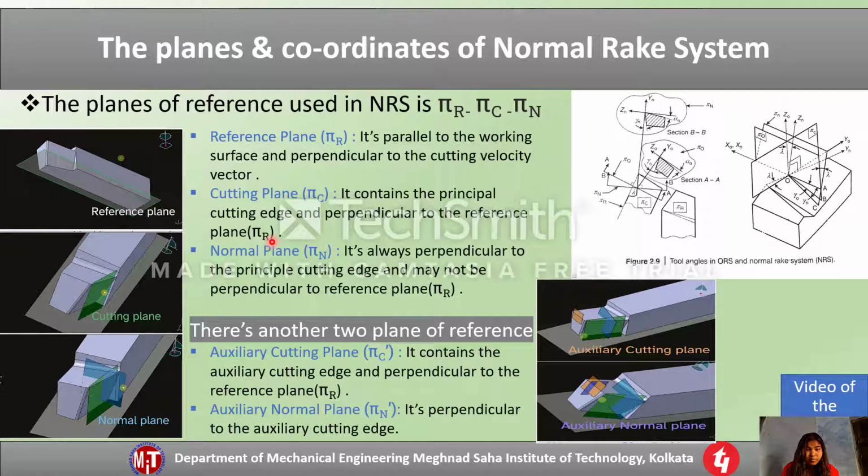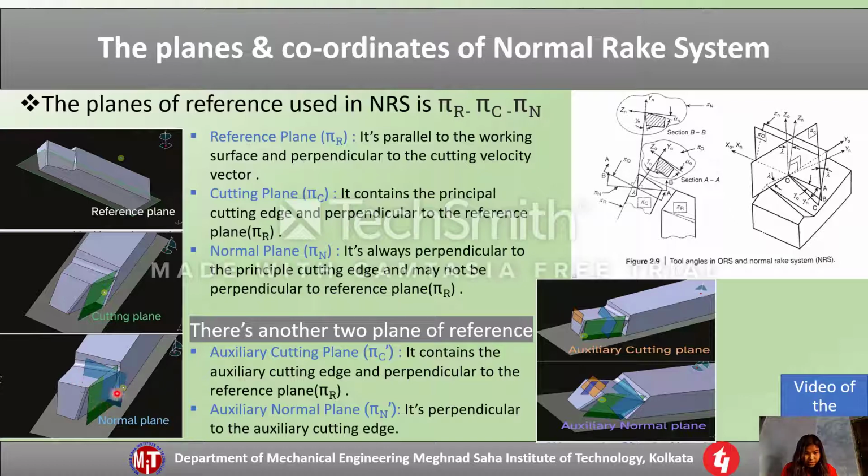Next is the normal plane or pi n. It is always perpendicular to the principal cutting edge and may not be perpendicular to the reference plane pi r. So here is our tool. This is the principal cutting edge, and the plane which is perpendicular to the principal cutting edge is the normal plane.